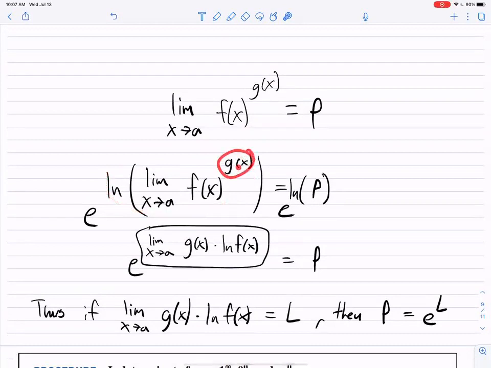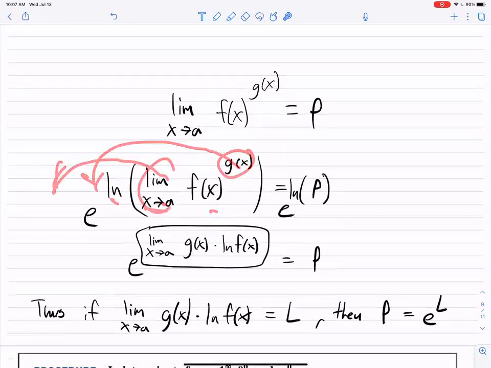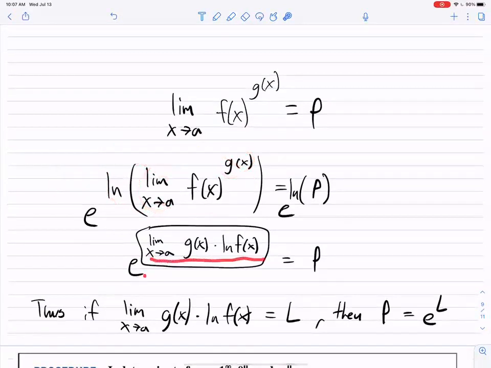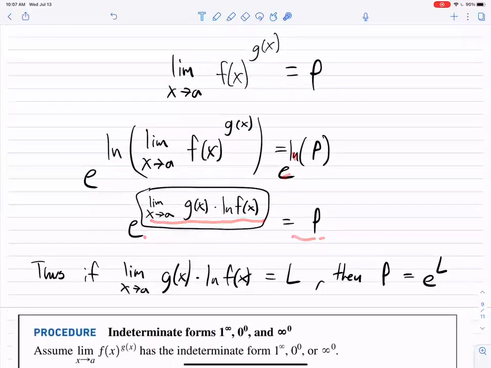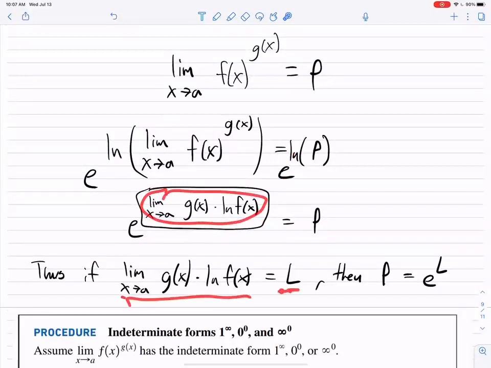This g of x can come down in front, and then the limit, by limit laws, we can just pull out. And so you get e raised to the limit of this thing is equal to that, because those things cancel out. And so therefore, if this limit right here goes to L, then that means P, your original limit, is just equal to e to the L.